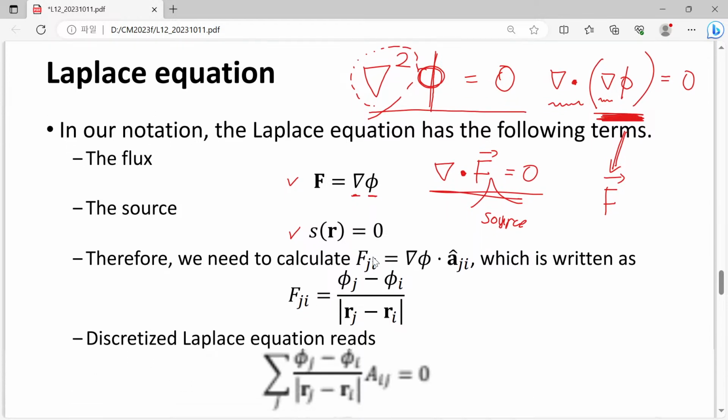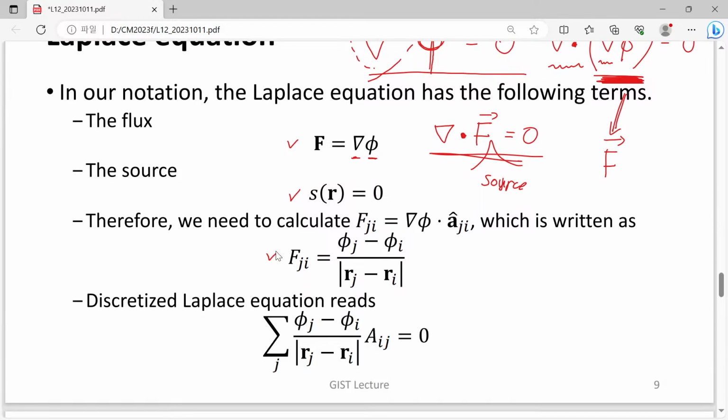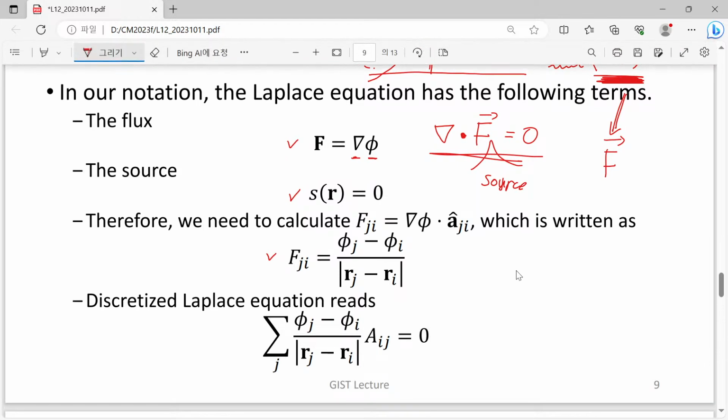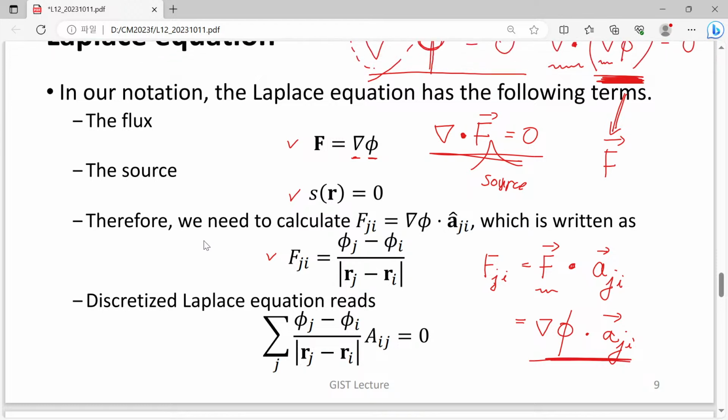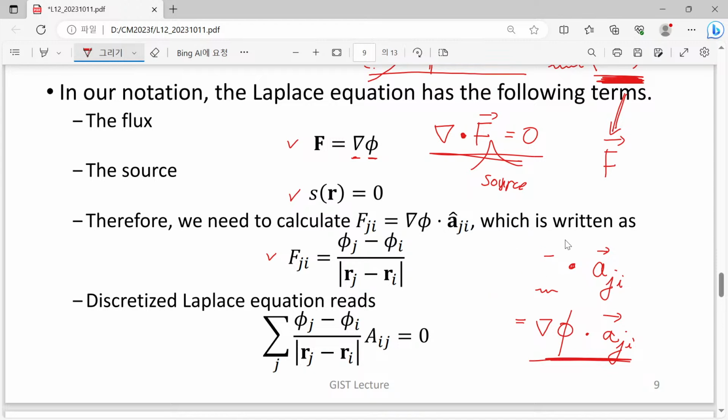Then let me just calculate this f sub ji. In order to calculate this one, we must evaluate f times the normal vector connecting Ri and Rj. Then you know this one is simply given by gradient of phi and a times ji. How can we calculate this number? This number is simply well expressed as this one.